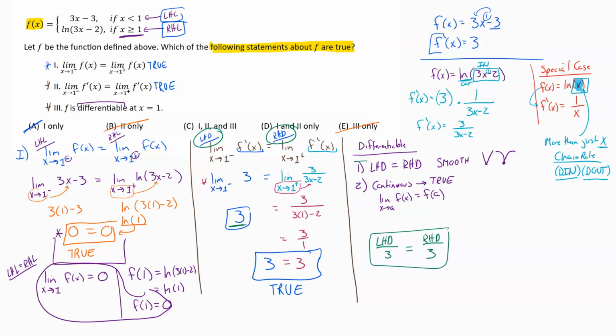And so that told us that part 1 of this was true. So the first part is true, the left-hand derivative equals the right-hand derivative, and the second part was also true, it's continuous at 1, and so we know that option 3 here is also true. At 1, this equation is differentiable. So 1, 2, and 3 were all true, which tells us option C is our good answer.